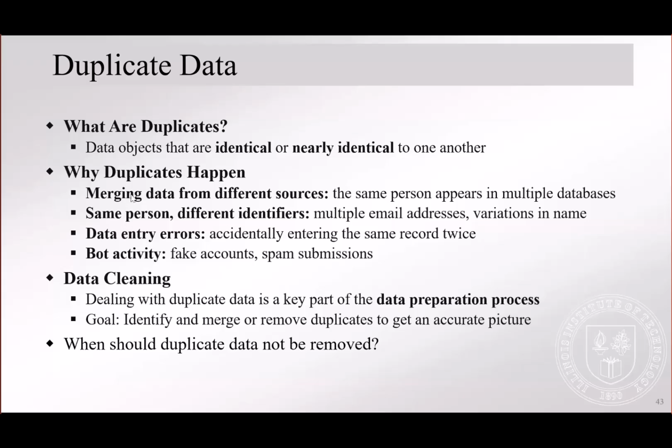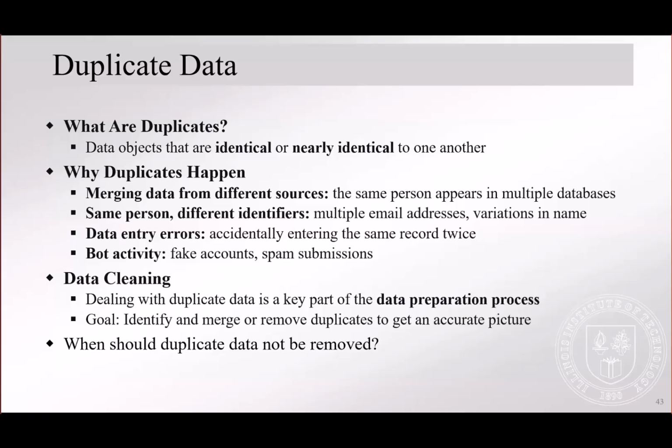How do duplicates happen? The most common one is merging data from different sources. The same person appears in your customer database, your email list and your loyalty program. Now you merge them together, and now we have multiple records for one person, right? Also common is the same person with a different identifier.